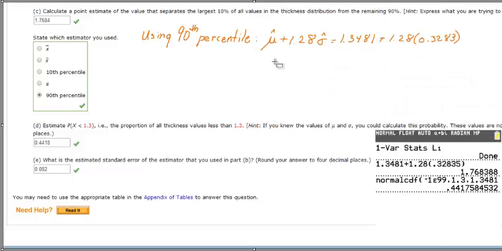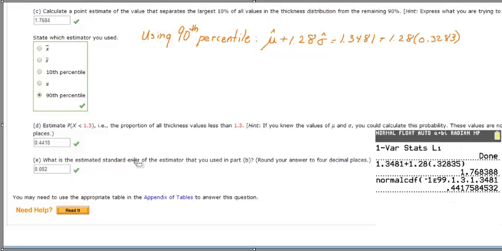Using the estimate for the mean, the estimate for my standard deviation, and the 1.28 that I get from my one-tail 90th percentile, I'll just crunch those numbers and I get 1.7684. This is my estimator, using the 90th percentile.